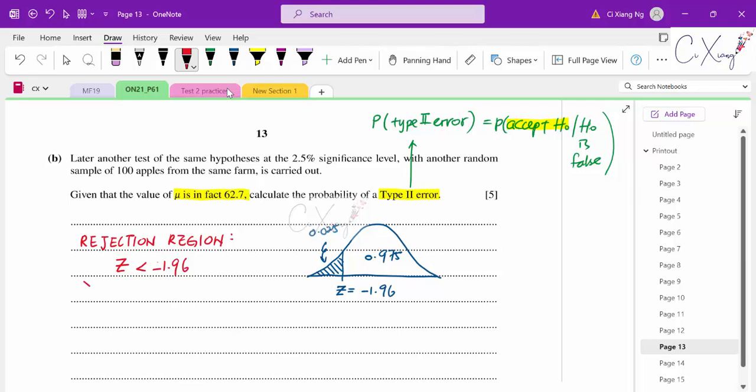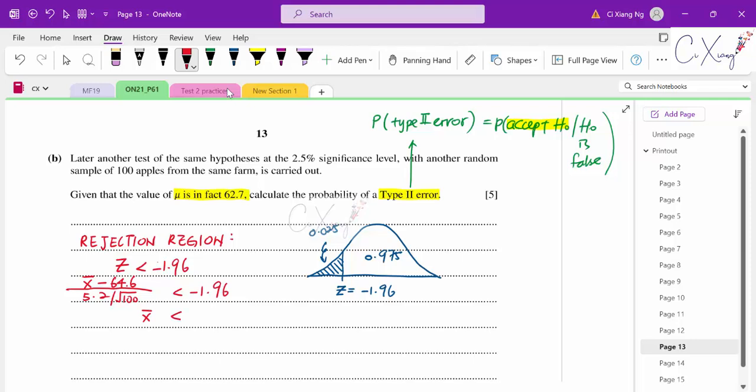From a random sample, by using the sample mean. So the test statistic will be the sample mean minus the population mean divided by standard deviation over square root n, smaller than negative 1.96.